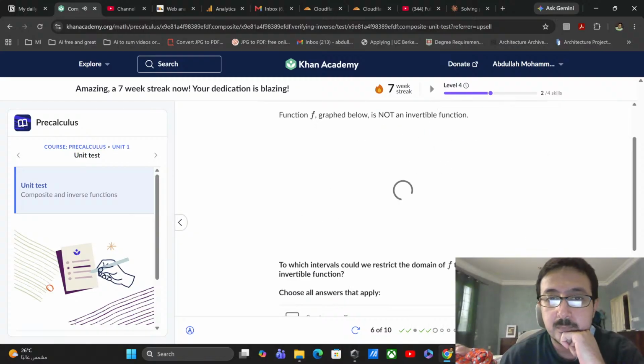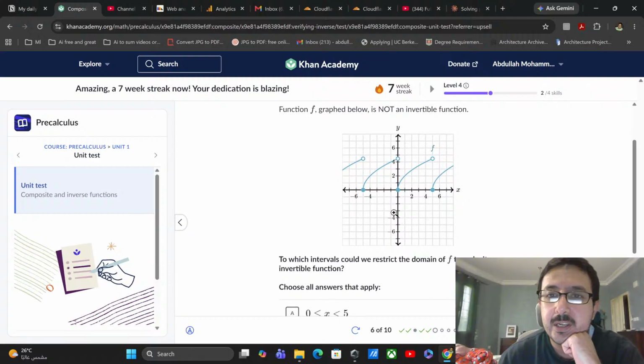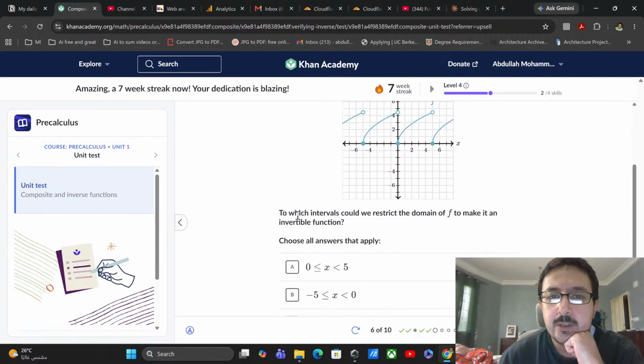Okay. It's not an invertible function. To which intervals could we restrict the domain of f to make it an invertible function? From 0 to 5.